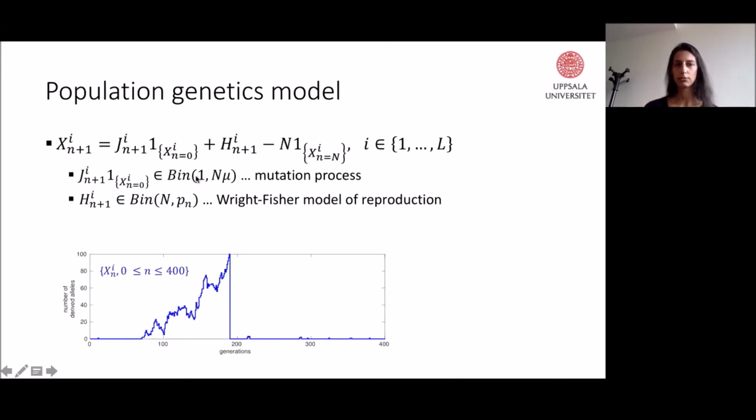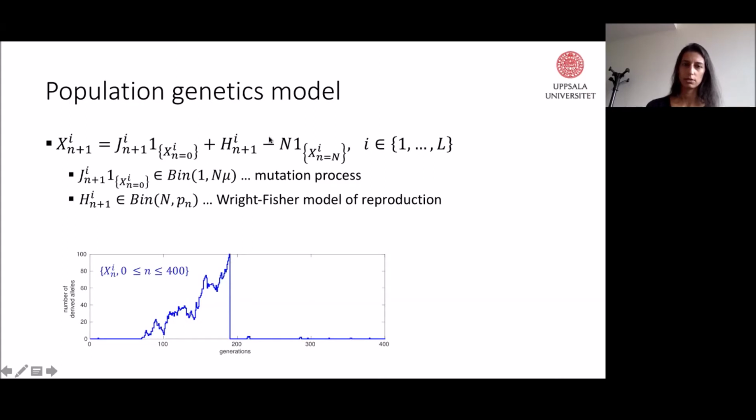J represents the mutation process. Here at the bottom I show an illustration. We are waiting for a mutation to happen in the monomorphic state, and then here a mutation happens. It segregates and then eventually goes to extinction. Then we wait again for a mutation to happen, and this one happens to segregate and eventually go to fixation. Then H is the path of the polymorphic part.